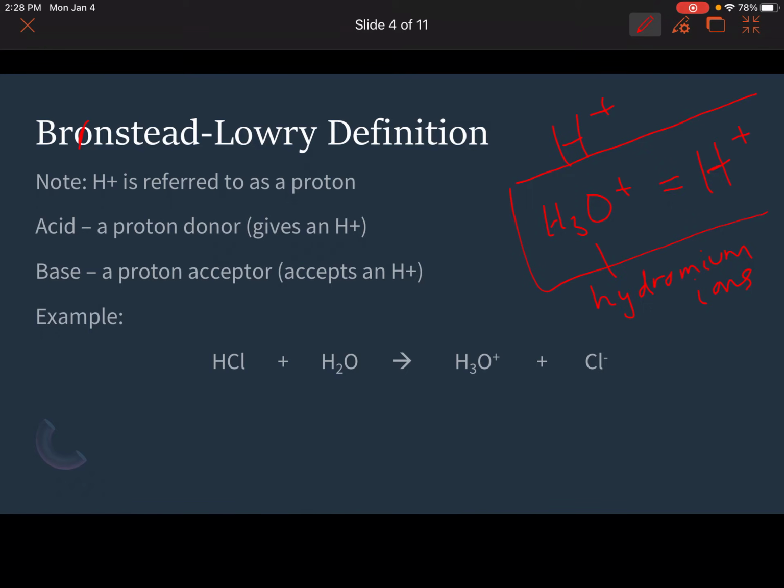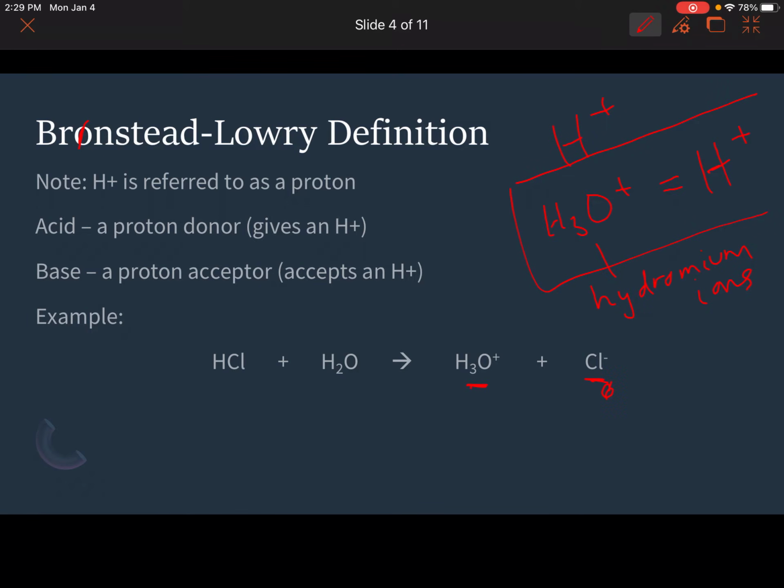So if we look at what's happening, if we look at the reactants first on the left side, which one of those is the acid and which one of those is the base? To figure that out, you want to look at where the H plus is going, and you know that by looking over here at the products. The Cl minus here is by itself, right?